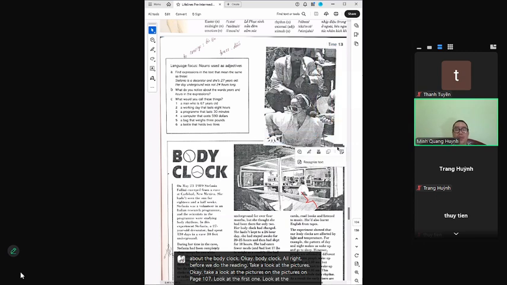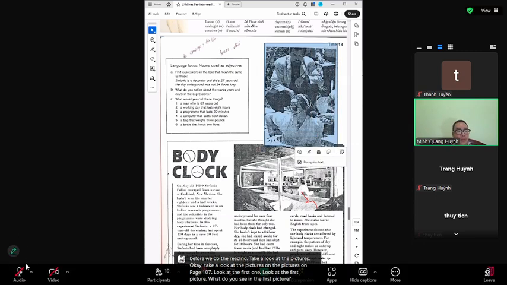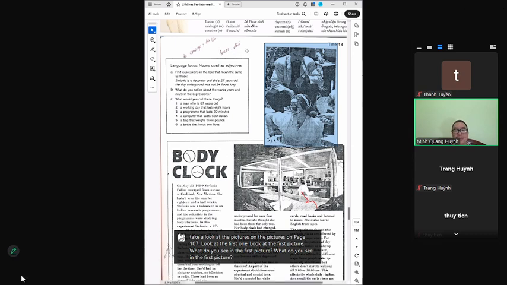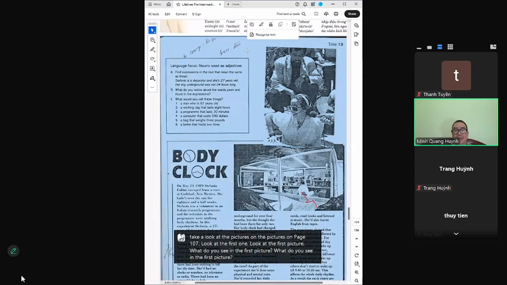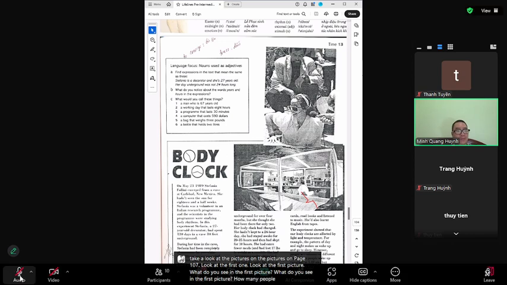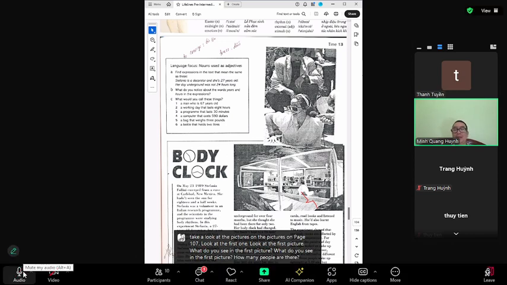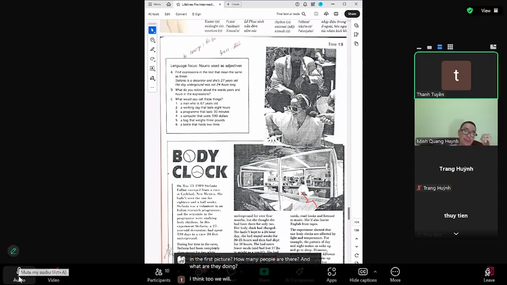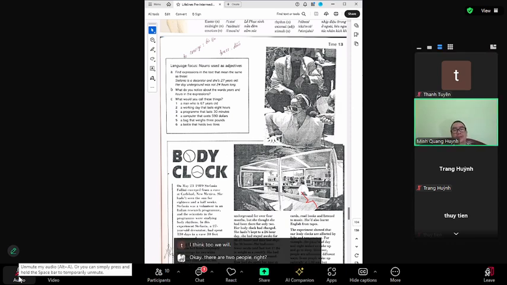What do you see in the first picture? How many people are there? And what are they doing? I think 2 people. Okay, there are 2 people, right? Who are they?